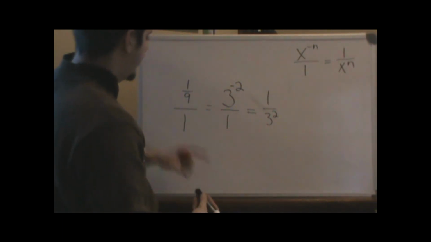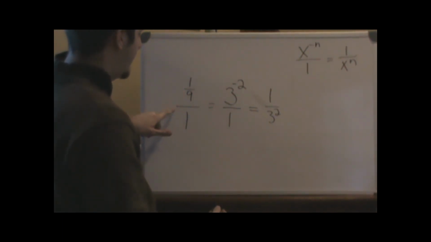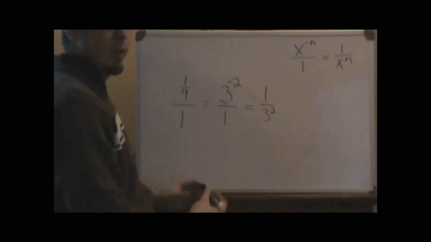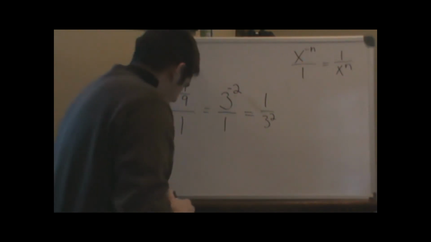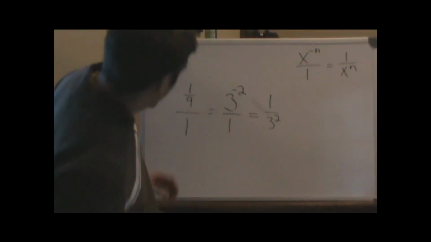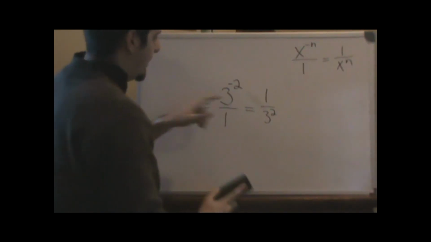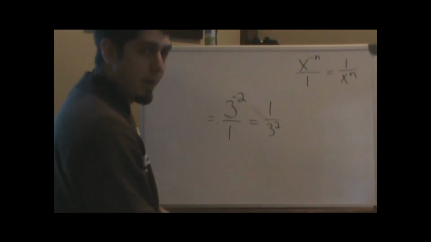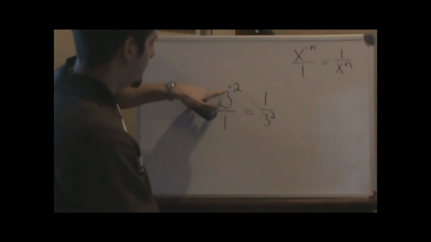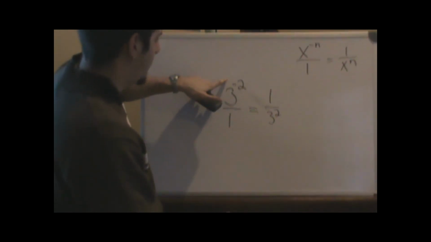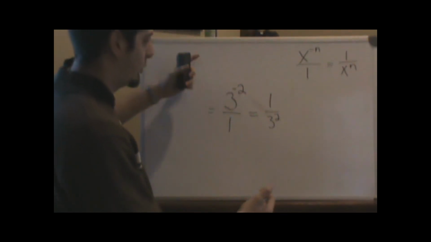Now, doesn't it make sense that 1/9 divided by 1 equals 1/9? I think so. So, didn't we also say that 1 over 3 to the second power was 1/9? So in other words, 3 to the negative 2 means 1/9, so you have 1/9 divided by 1, which is 1/9, equals 1/9.